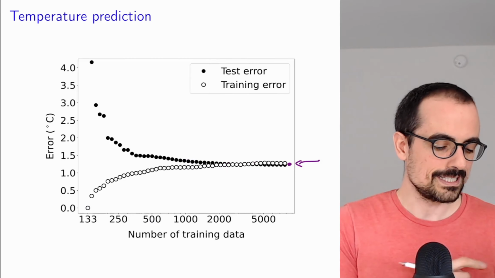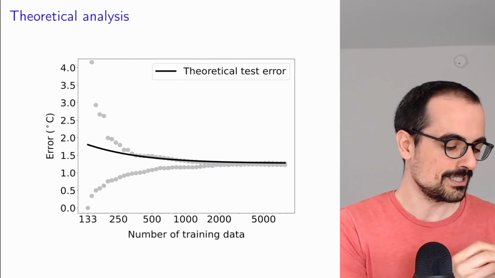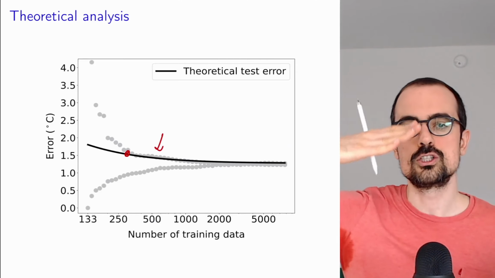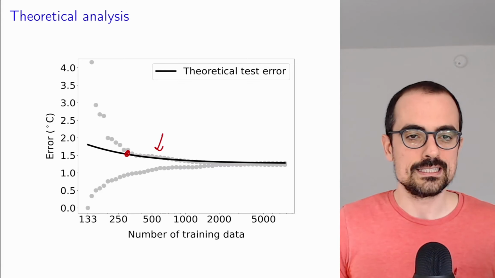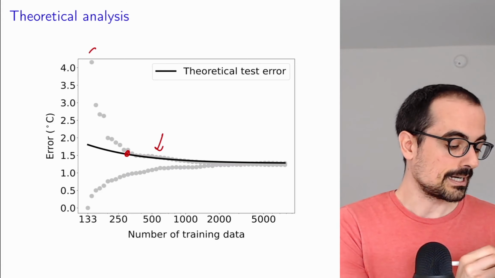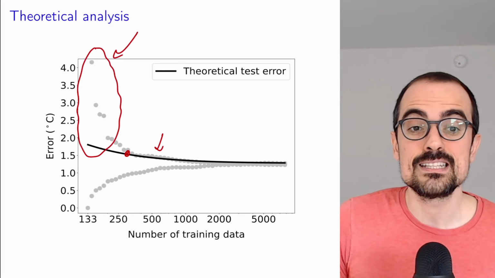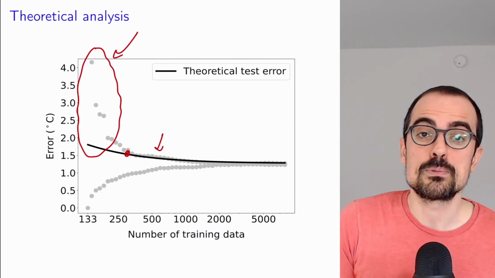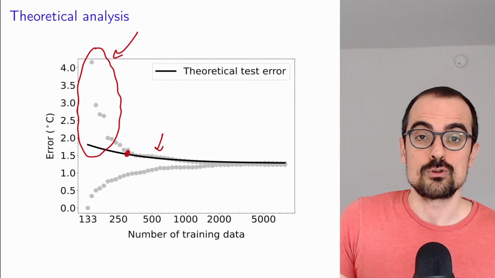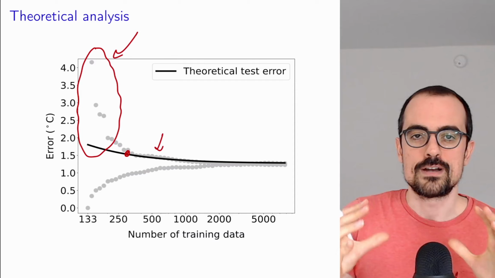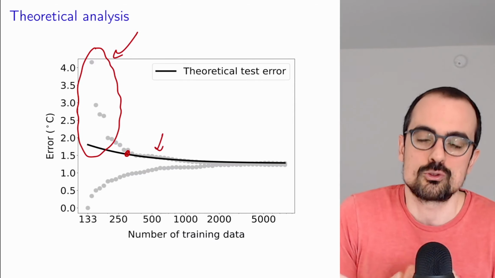And our theoretical estimate of the test error is really, really good until this point. It really shows how the test error is going down with the number of training data, but it doesn't account for this explosion of test error that happens here, and that is precisely the regime in which the sample covariance matrix of the training data is not going to reflect the true covariance matrix of the features, because we don't have enough training data.